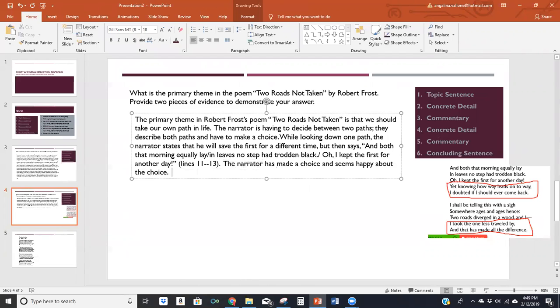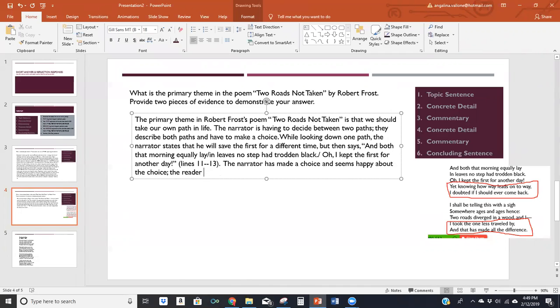So the road he chose, I'm going to say they, neutral on gender. The road the narrator is happy about the choice. I'm just going to say we know this. The reader knows this.